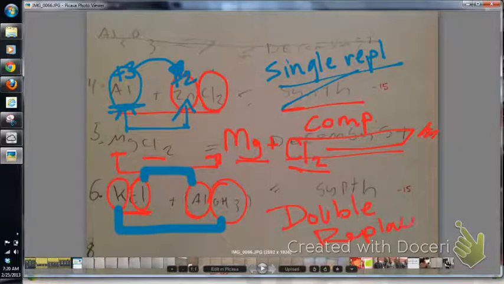And with that, it should be fairly simple to put together your products, which would be KOH plus aluminum chloride.